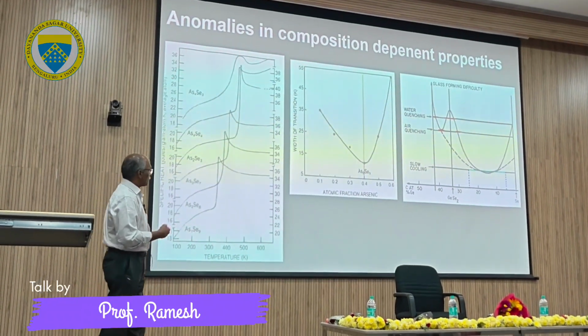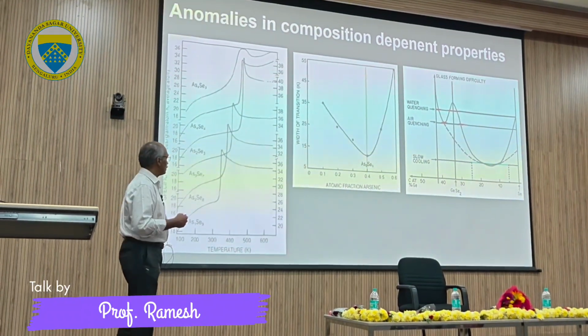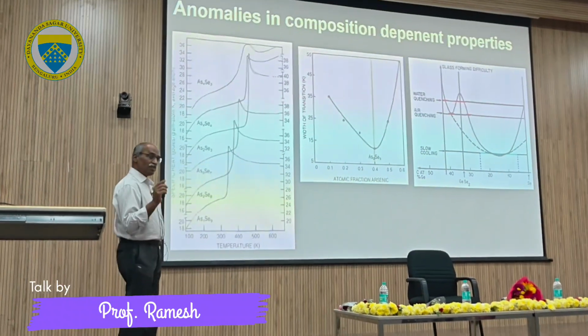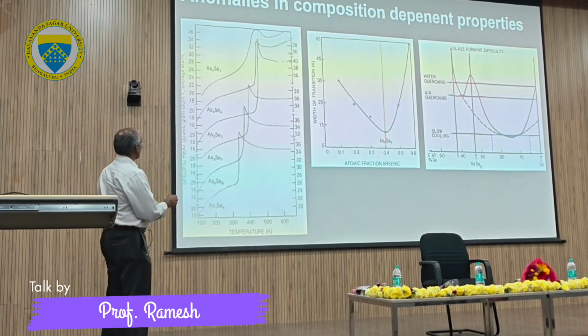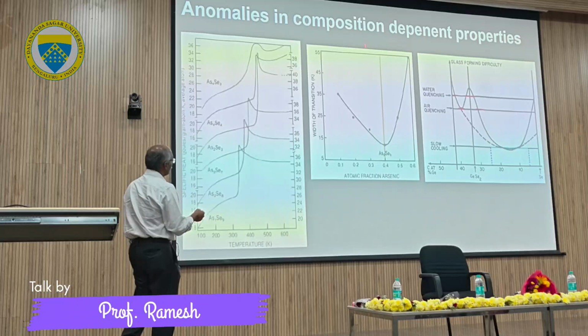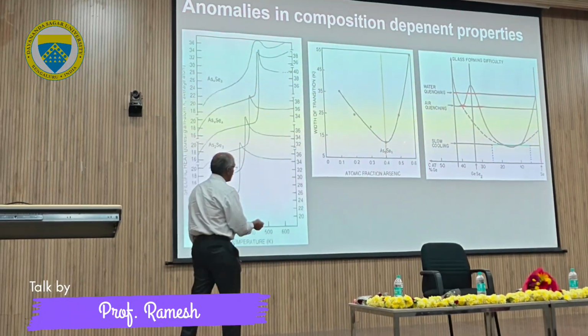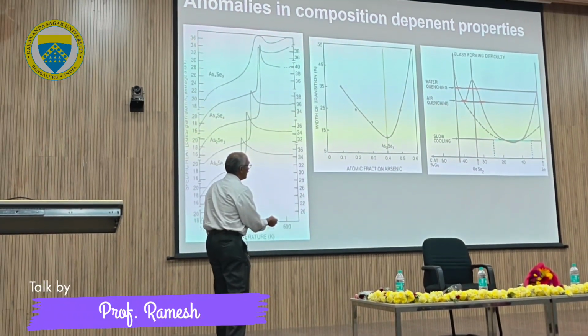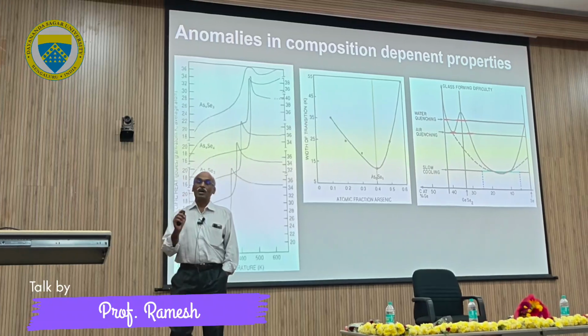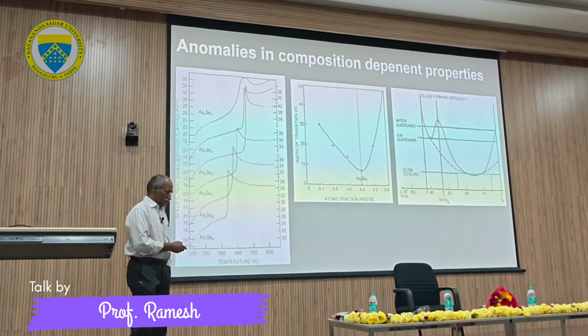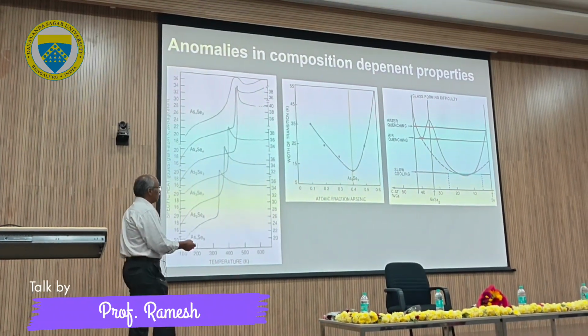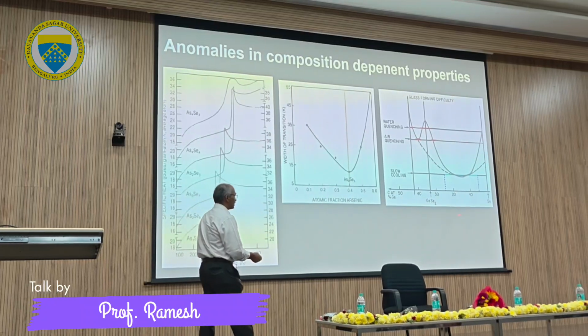And many other properties also, he looked at and observed, oh, there is something very special about these kinds of compositions. He measured the width and it was very, very minimal, at about arsenic 40% actually. Then they also studied the glass forming ability in group 4-6 elements like germanium and selenium.